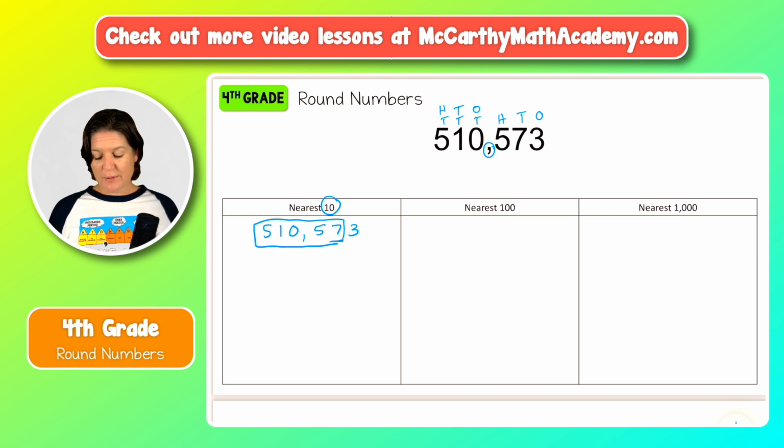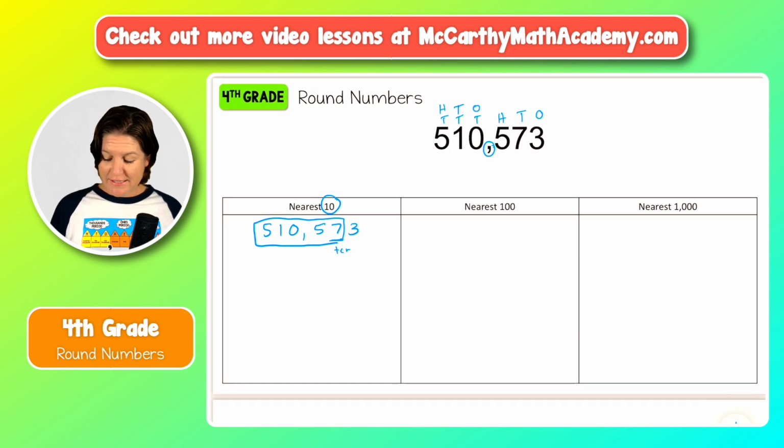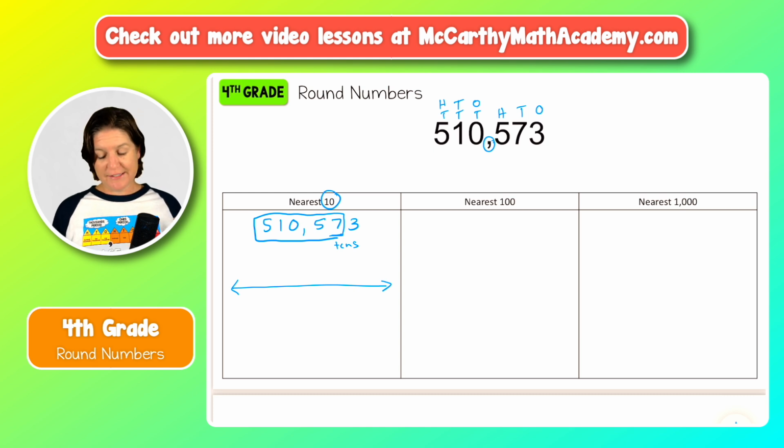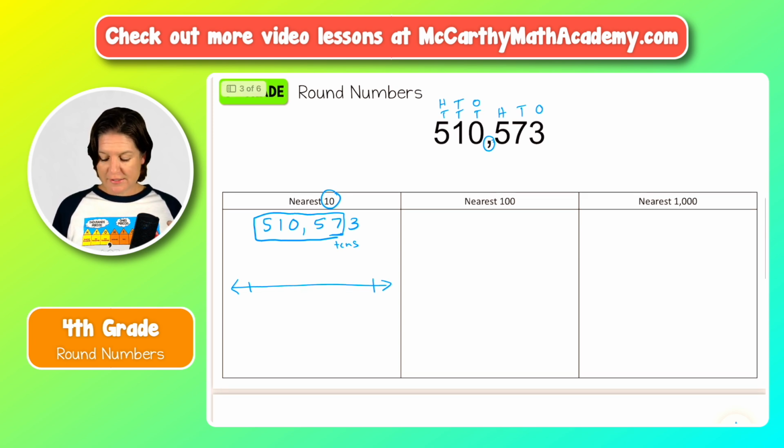So now in a box we have 51057. Or in other words, we have 51,057 tens here. Now throw down a number line, splat. The given number that we have is between this and that. So our given number is between this 10 over here and this 10 over here.